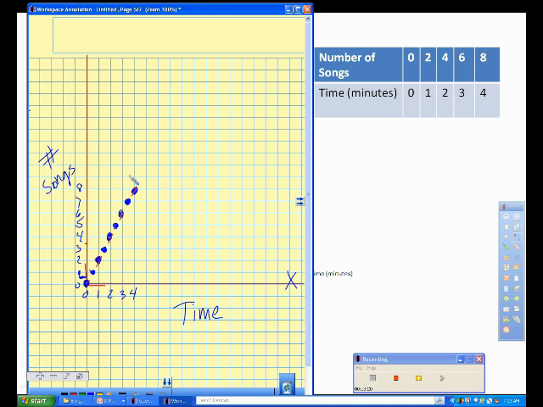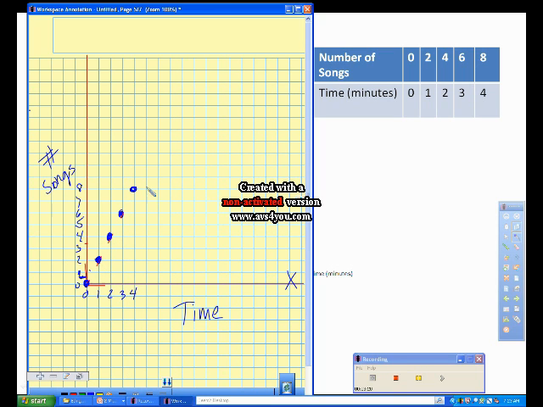I'm only making an inference, and there could be something that causes this to not be true. But we can probably infer that every half of a minute we can download 1 song, which is what I'm showing you here. So at 1 minute, I've got 2. At 1.5 minutes, I've downloaded 3, etc. Because the question did not explicitly tell us that, though, maybe there's something weird about his computer so that that's not the case, I'm going to go ahead and just stick with my original data points for now.